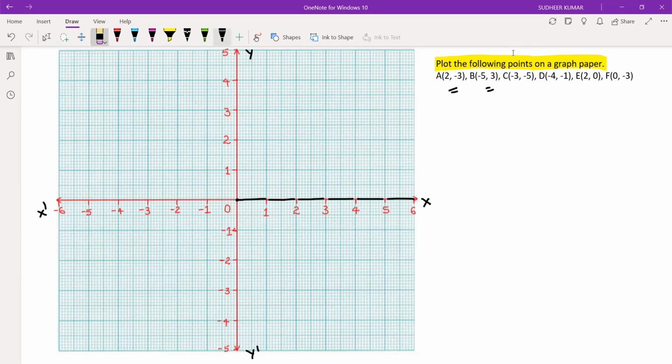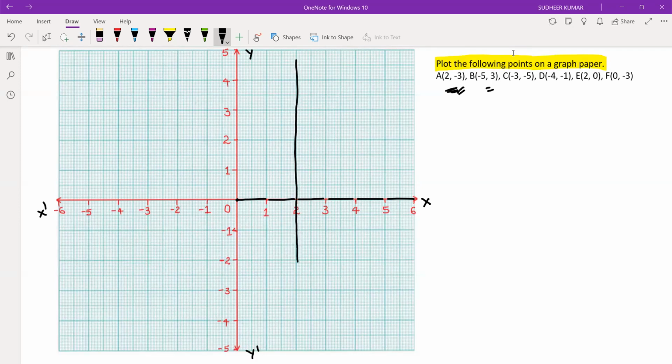Yeah. So let's see, the first point is 2, -3. So 2 on the x-axis, we have to draw a line using the scale. And the next one is -3.